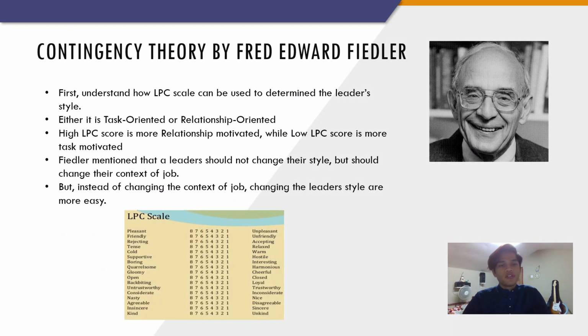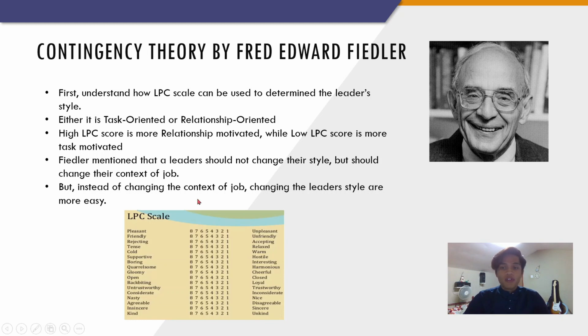Firstly is contingency theory by Fred Edward Fiedler. In order to understand this theory, we must understand how the LPC scale can be used to determine the leader's style. Down here we can see the LPC scale. The LPC scale will determine whether the leader is task oriented or relationship oriented.